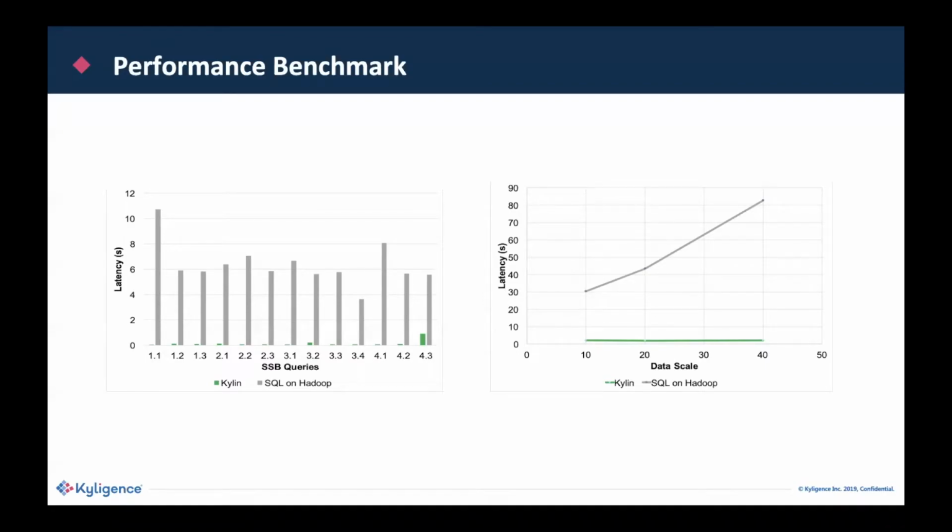You can see that Kylin performs significantly better compared to Hive. On the right side, it shows that as the amount of data increases, the query response time of Hive will also increase significantly. The query response of Kylin will not be affected by the increase in data volume.